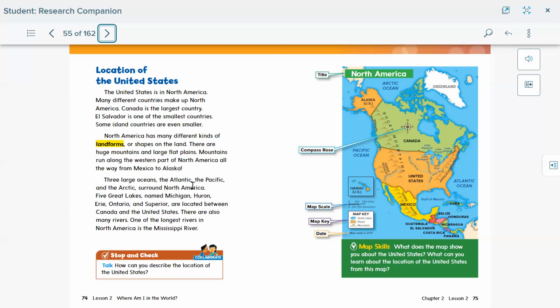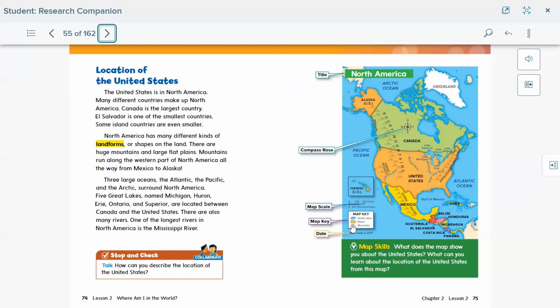Three large oceans, the Atlantic Ocean, Pacific Ocean, and the Arctic Ocean, surround North America. The five Great Lakes, Michigan, Huron, Erie, Ontario, and Superior, are located between Canada and the United States. There are also many rivers. One of the longest rivers in North America is the Mississippi River.